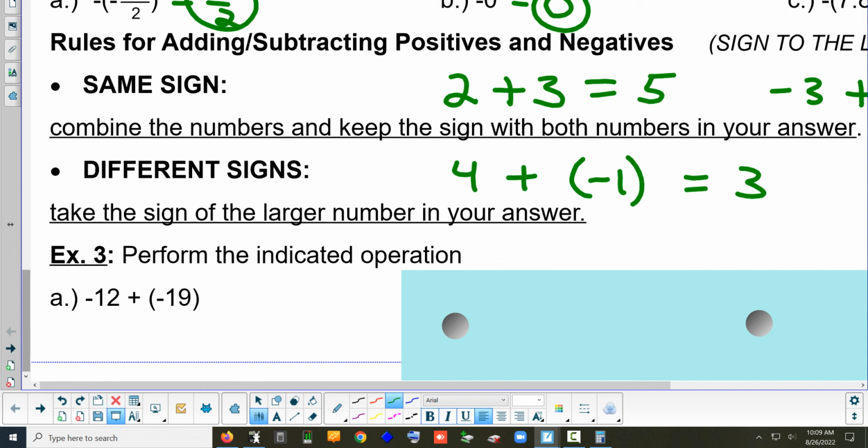Think about if you got a negative person and then you got another negative person. Well, it's going to be even more negative. You're going to have more and more negativity now. So the final answer is going to have a negative. Anyone think they can tell me what it's going to be when you add negative 12 and negative 19, Jordan? Negative 31. That's going to be a negative 31.